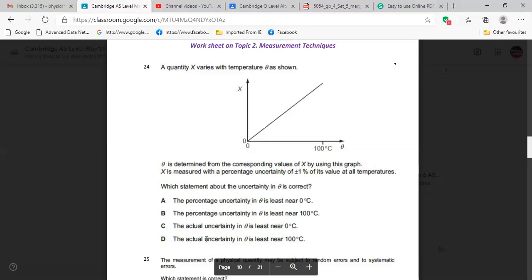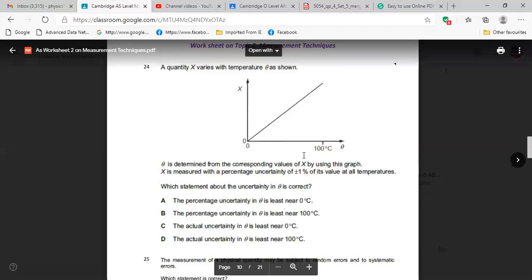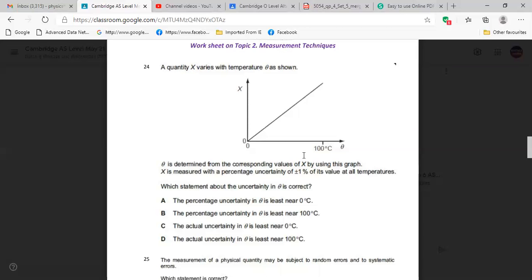Yes, sir. So you can write it here in notes. In your notes, you write that plus minus 1% is equal to 0.01, and if we multiply actual uncertainty with this 0.01, which is very small value. Have you written? Yes, writing it, sir. Yeah, write it. Otherwise, you cannot get it later.